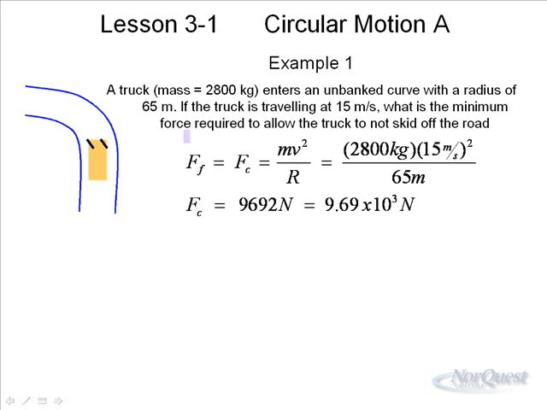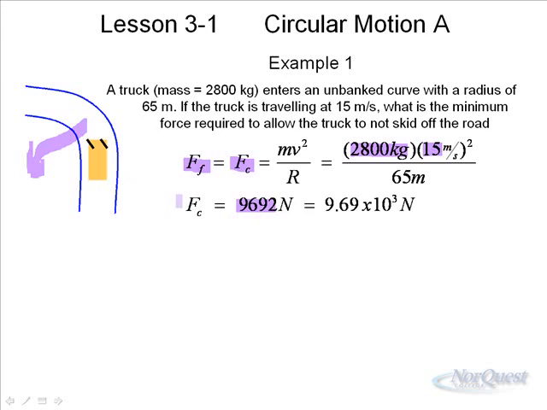And of course we know that the minimum force of friction is going to be equal to the minimum centripetal force. Since the truck has a mass of 2,800 kilograms and is moving at a rate of 15 meters per second, and the radius of the curve that it moves through is going to be 65 meters, we get a centripetal force of 9692 newtons.